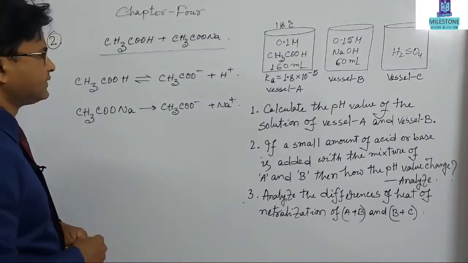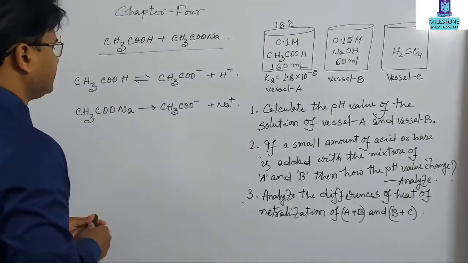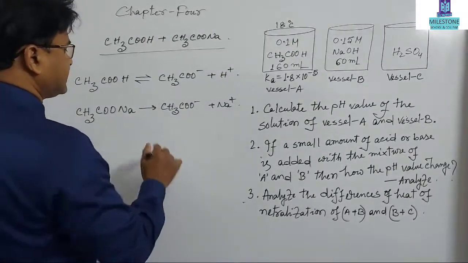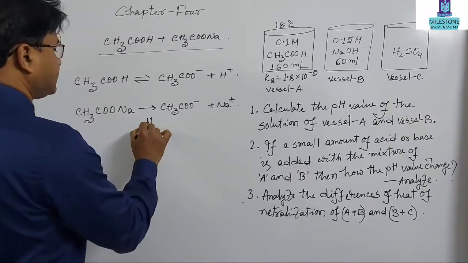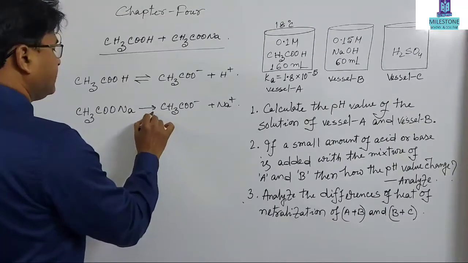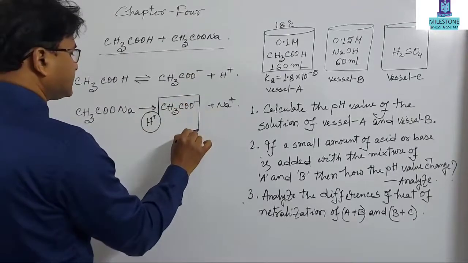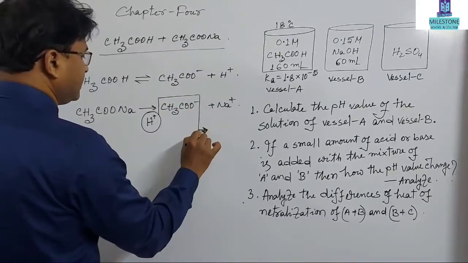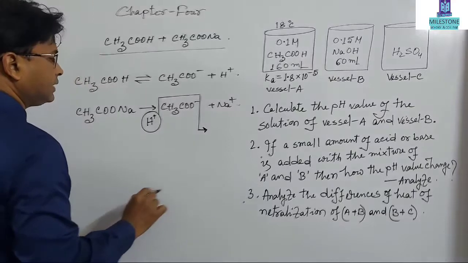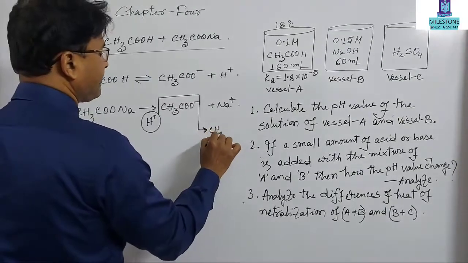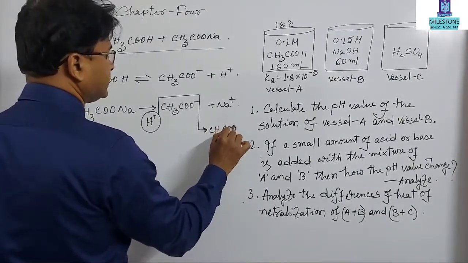However, students, if I add a small amount of acid, the H plus ion of acid reacts with the acetate ion of the acidic buffer solution to produce ethanoic acid.